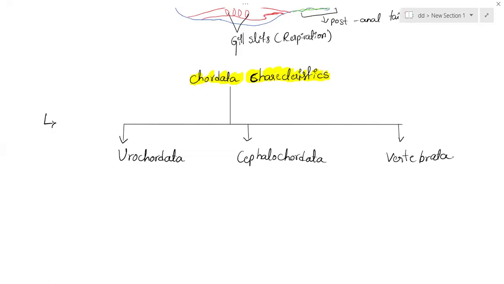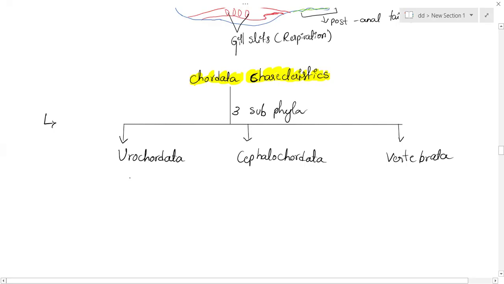Notochord is present in the early stage of development, and the nerve cord is carried throughout life. That is how both work together. These are the three subphyla: Urochordata, Cephalochordata, and Vertebrata.